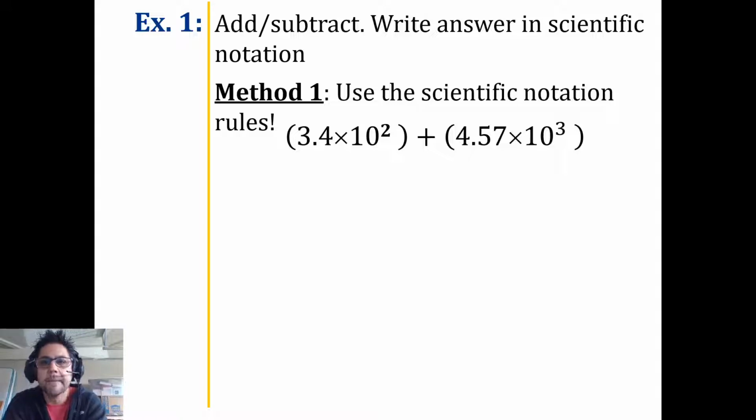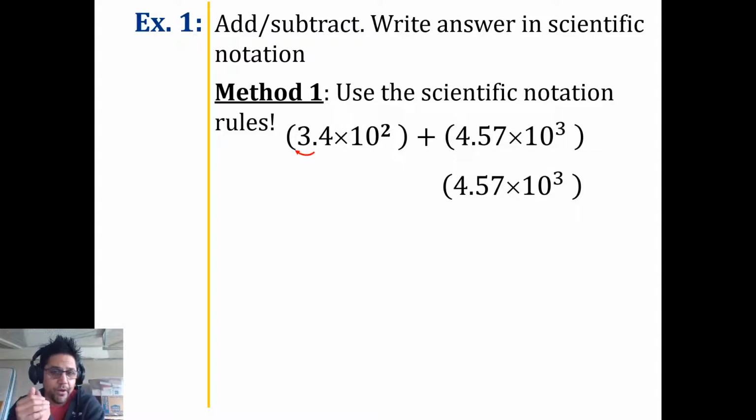So my third power, the second number, can stay the same. My first number, 10 to the second power, is the one that has to change. A 2 has to change by 1 to become a 3, so I move my decimal 1 place. My 3.4 becomes a 0.34.